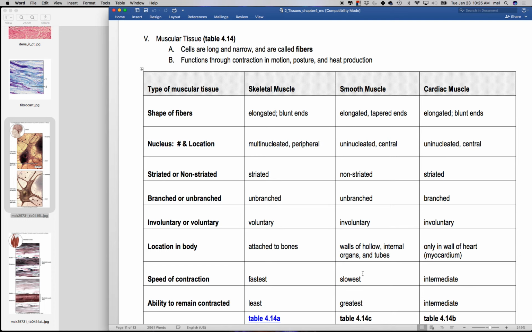Okay, so what we're going to do is compare the types of muscle tissues, and I'll draw a little sketch. You guys can draw it at the bottom if you want to. Skeletal, smooth, and cardiac muscle, and compare and contrast them. Okay, so first, let's look at the first one.